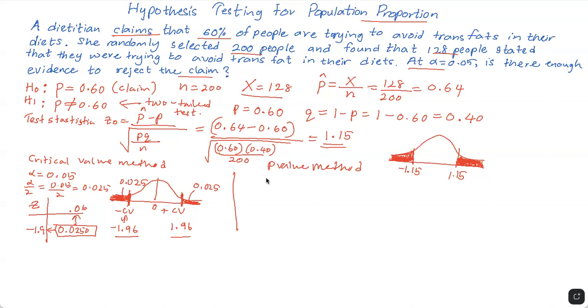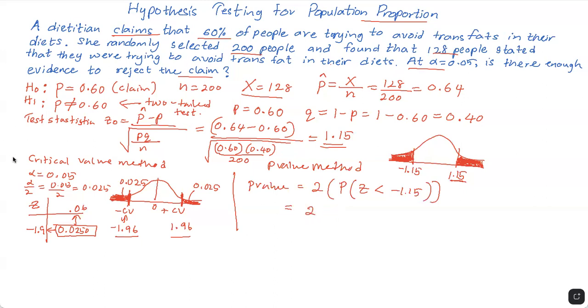So the p-value equals 2 times, because we need to consider both tails, the probability of z-scores less than negative 1.15. Or you can consider the positive value exactly. Then you should write 2 times the probability.